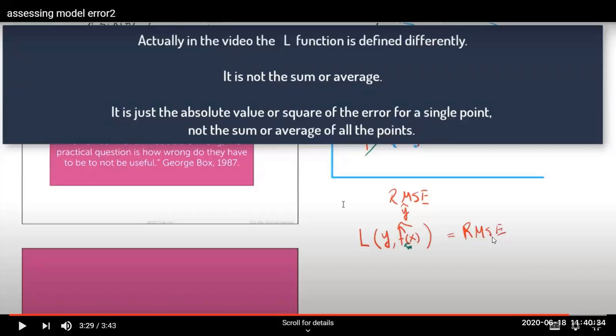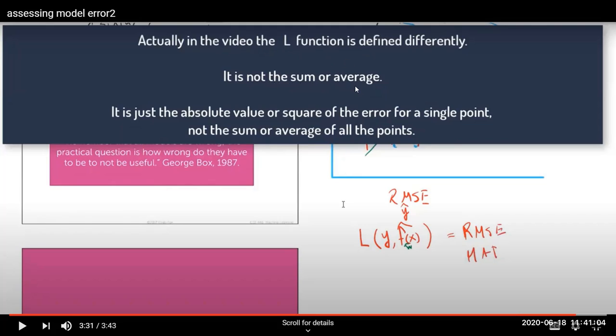And if we're using MAD, remember MAD means the mean absolute deviation. If we're using that, then this would be the AD part, not the mean. Okay, so that's the way she's using this notation in her slides. Actually, in her video, the L function is defined differently.